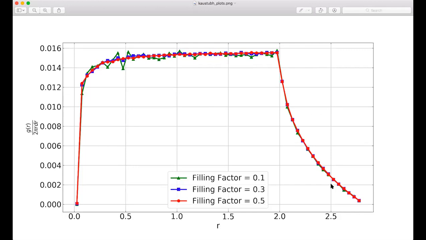If we draw from R to R plus dr, that strip of dr comes within the box up until L by 2. From L by 2 onwards, some of that strip goes outside the box. Although we have identified the edges, so it's inside, but on the lower region.